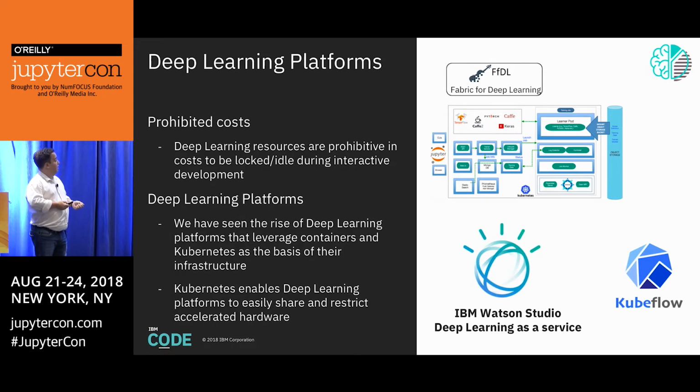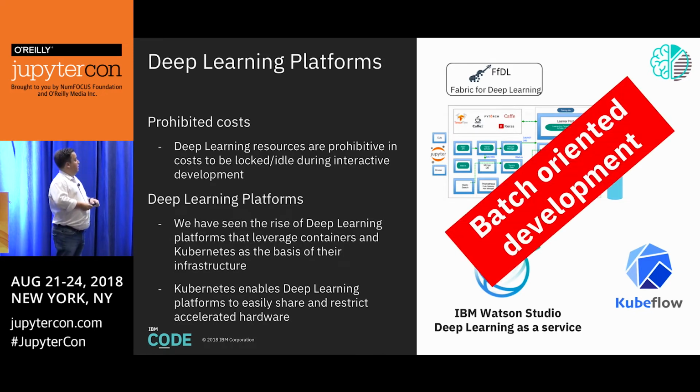The problem with these deep learning platforms is that they go away from interactive development into a more batch-oriented development, which us data scientists coming from notebook interactive development are not very fond of. We want to get the response. We want to get the immediate result for the things that we are doing.